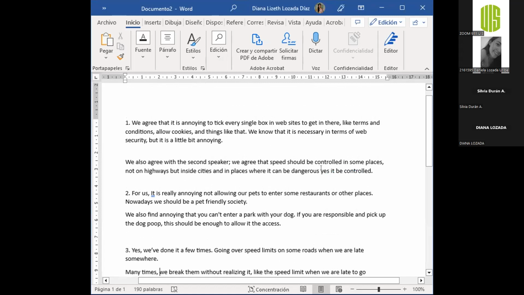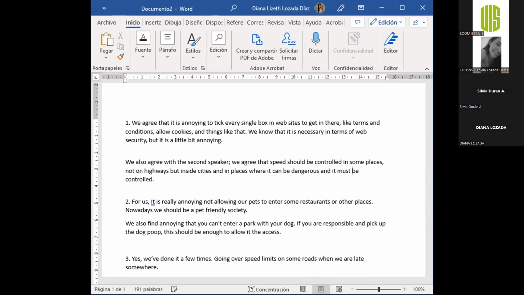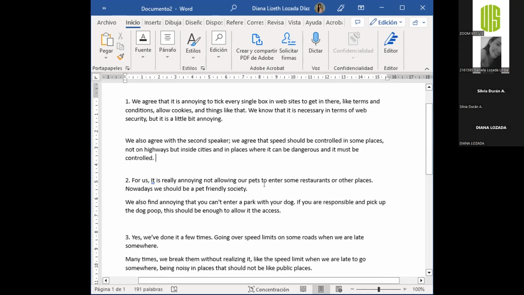It must be controlled. It can be dangerous and it must be controlled. Okay. And in question number 2, the dog's poop with the possessive. Okay. Perfect, ladies. Thank you very much.